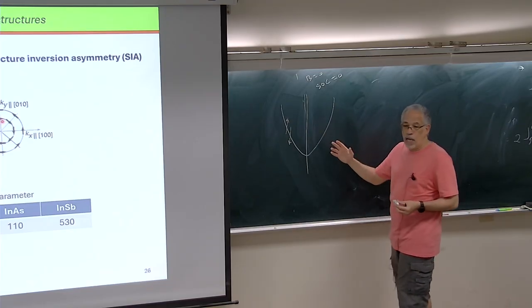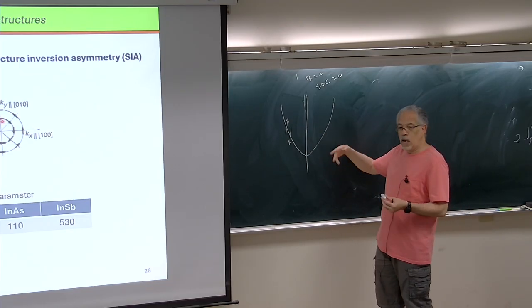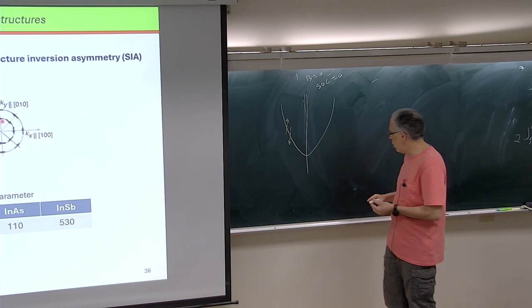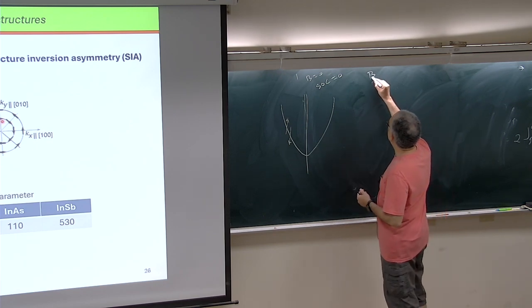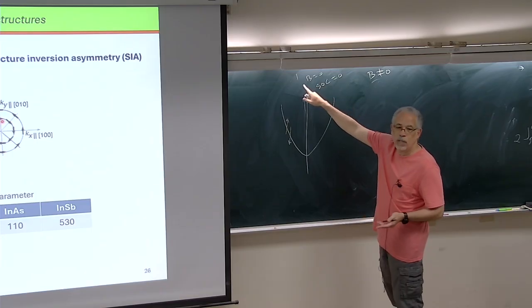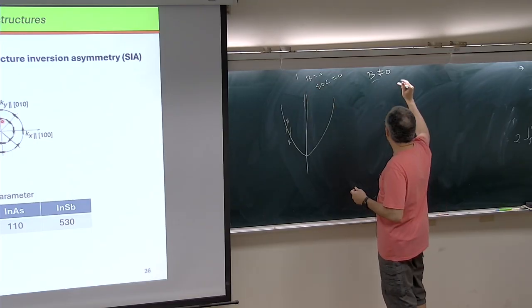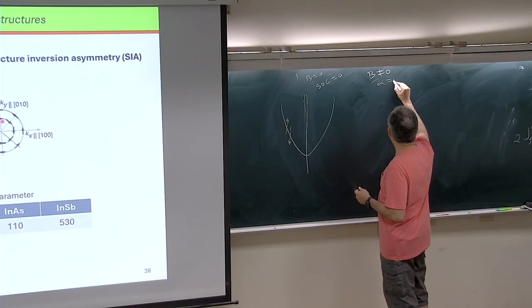What happens if I apply a magnetic field, or I have a exchange field? So we saw that they split. One of these bands goes up and the other goes down. So this will be a situation, let's say, B different from 0. And when I say B, it's the same as an exchange field. In this model, it's the same. And let's say that I have alpha equals 0 here.